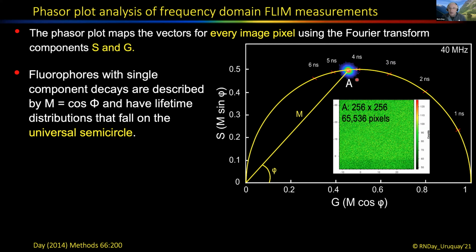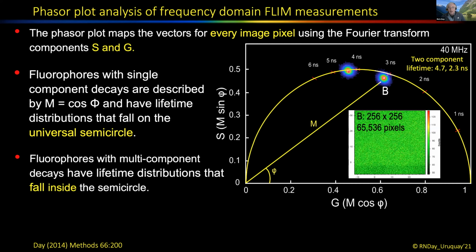The lifetime characteristics of every single pixel in this image is represented on this phasor plot. This happens to be purified turquoise 2 that has a lifetime of around 4.5 nanoseconds and a single component lifetime. This happens to be purified cerulean.